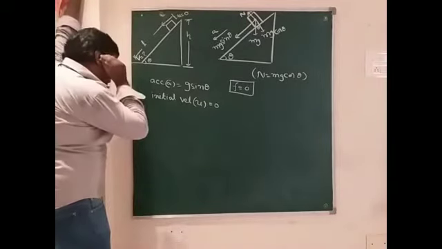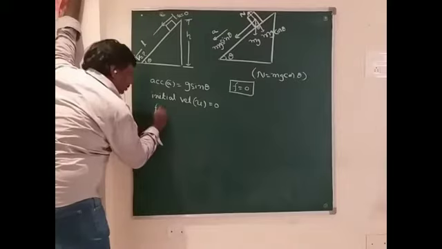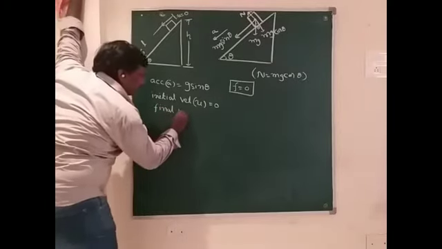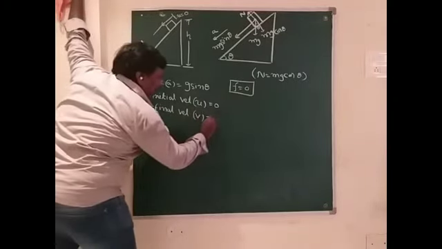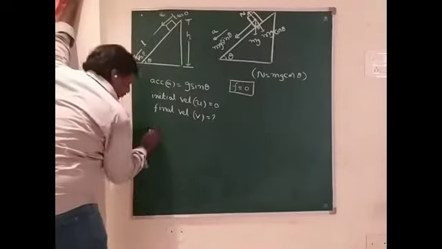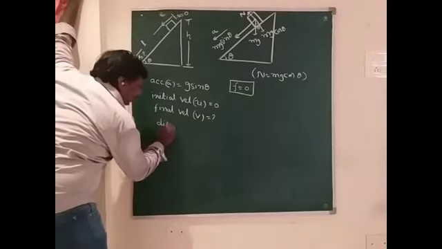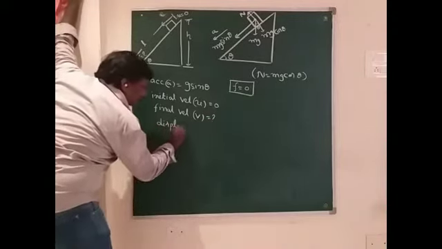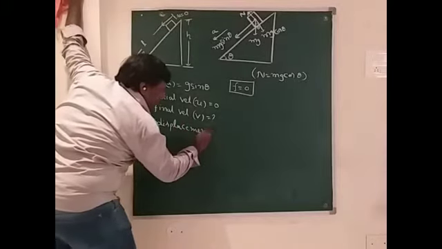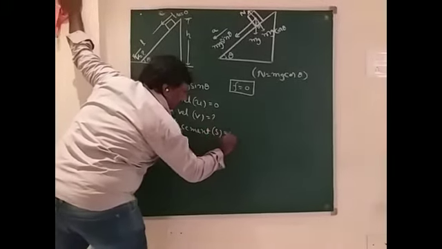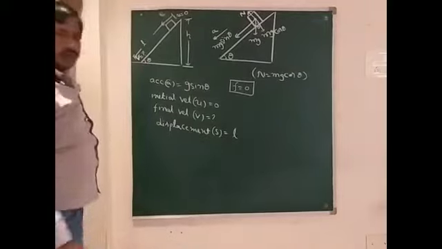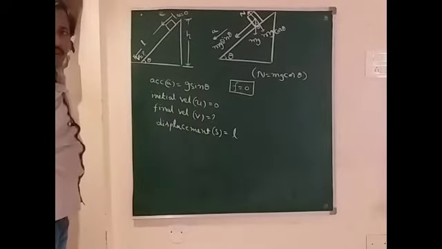Now we can find out the final velocity V. The displacement covered by the body is L, where L means the length of the inclined plane.